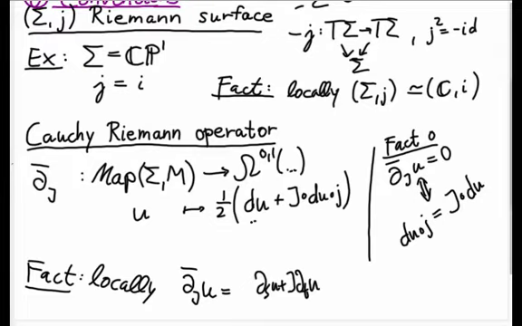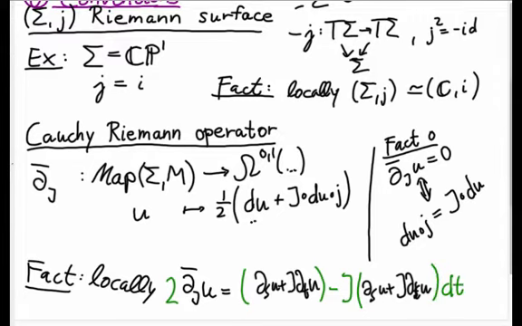What I really mean to say here is there's a 2 here, and then I would multiply that with ds, minus j times the same thing, d_s u plus j d_t u.